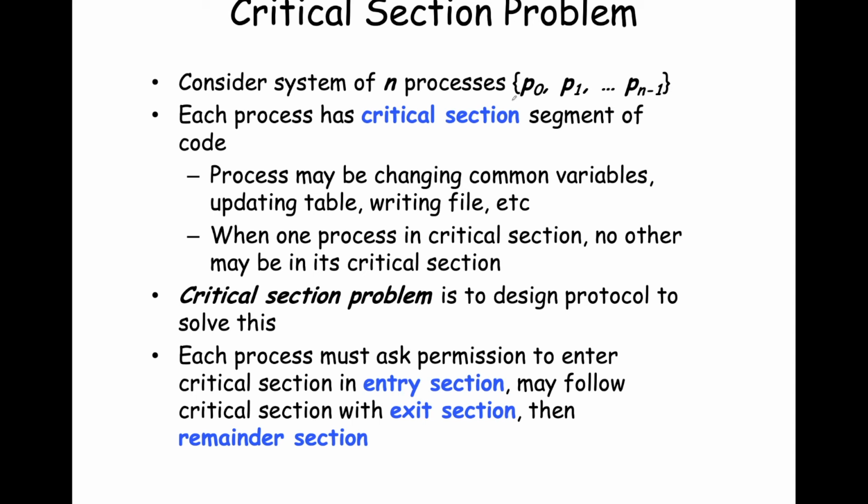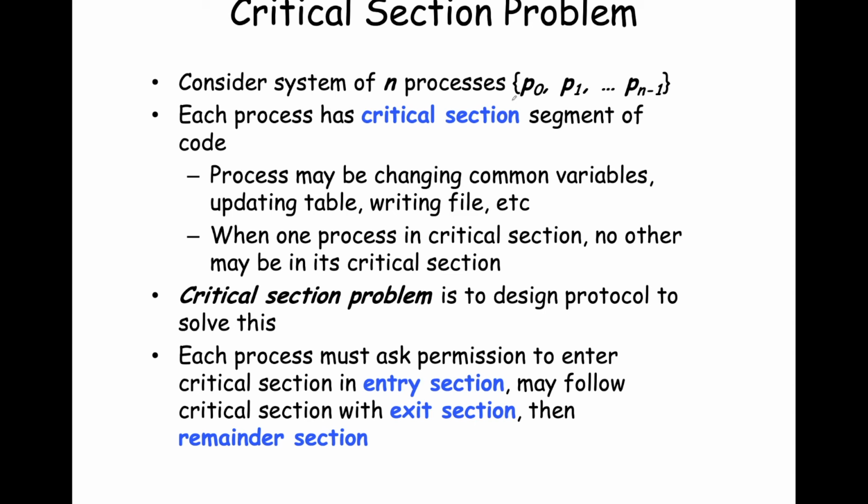You want to make sure we have this serialized execution in the critical section between all of these n many processes. And so the critical section problem is then to design some solution or protocol to follow that will solve this issue, how to serialize access among all the processes to their critical section.